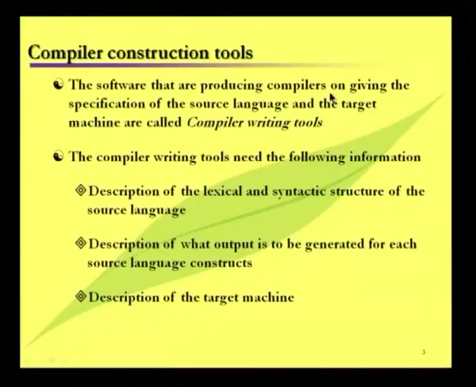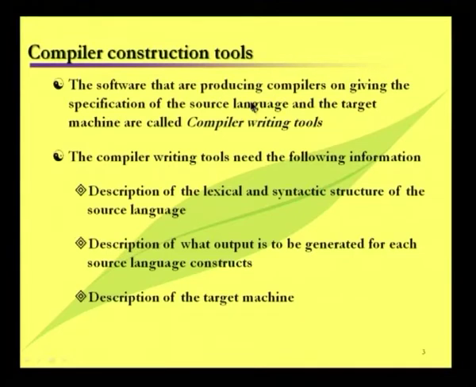That is the kind of support we have for the design of a compiler, or compiler construction. They are called compiler construction tools. They are the software that produces compilers on being given the specification of the source program and the target language, and they are called compiler writing tools.